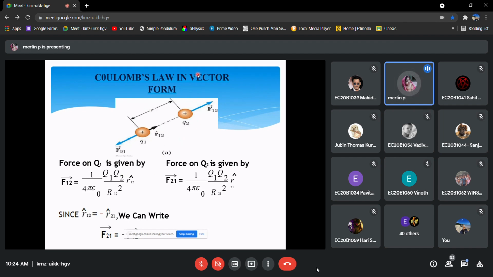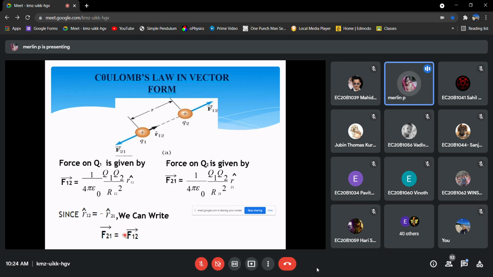In vector form, we see the direction. Since they are in opposite direction, the force magnitude will be the same, and the direction is opposite, so we are putting minus here. Force F21 is equal to F12, but they are in opposite direction, so we are placing minus here.